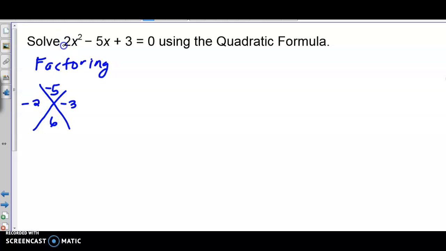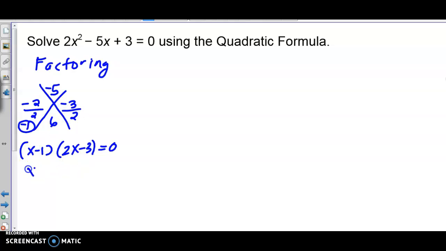Now since you have a constant a, which is equal to 2, you have to divide this by 2. So this results to -1, right? And that's -3/2. So when you write the factored form, it's x minus 1, and then 2x minus 3 is equal to 0. Remember the bottoms up rule that we studied before.